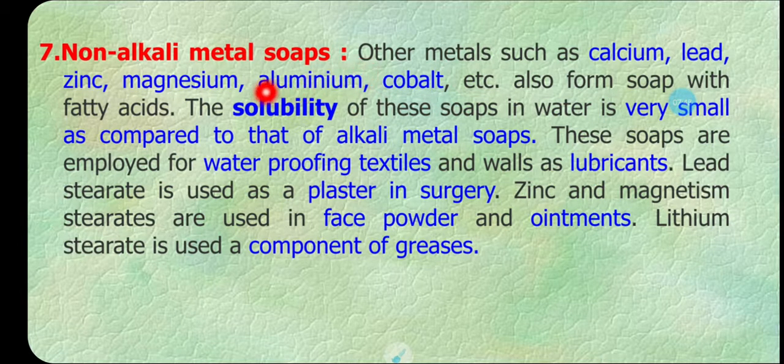Non-alkali metal salts of fatty acids are called non-alkali metal soaps. Other metals such as calcium, lead, zinc, magnesium, aluminum, and cobalt also form soaps with fatty acids. That means zinc hydroxide, magnesium hydroxide, and aluminum hydroxide are used for the saponification reaction with fatty acids.